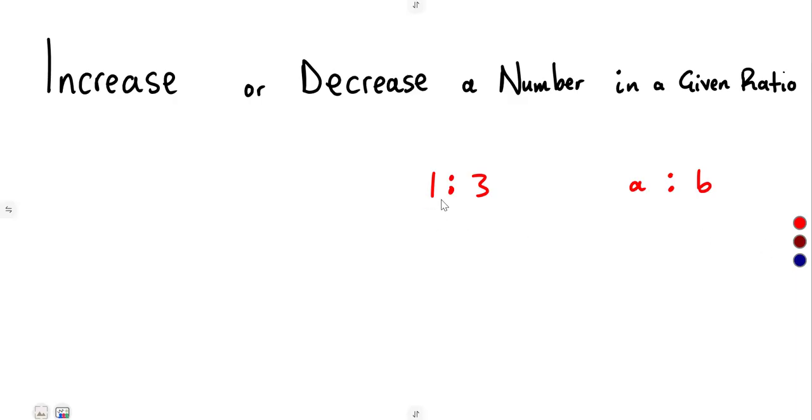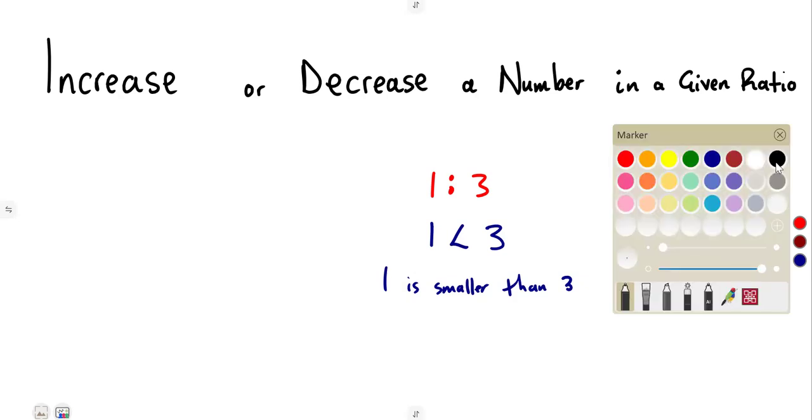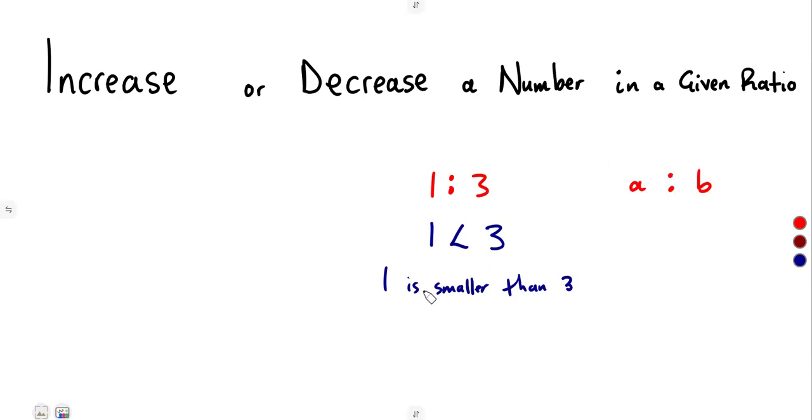So comparing 1 and 3, we can say that 1 is less than 3. 1 is smaller than 3. Knowing that a number is smaller than or another one is greater than helps you to increase or decrease a certain number from that ratio.